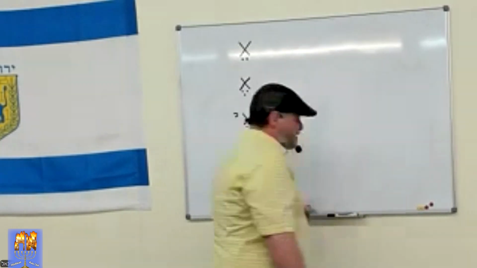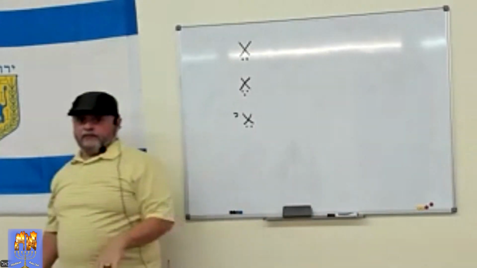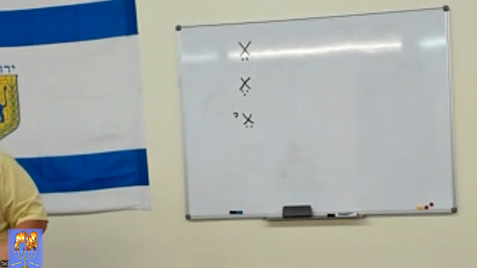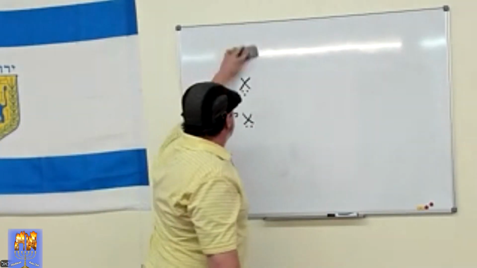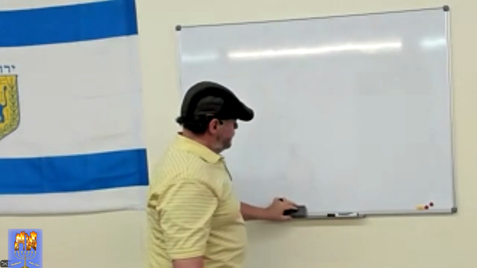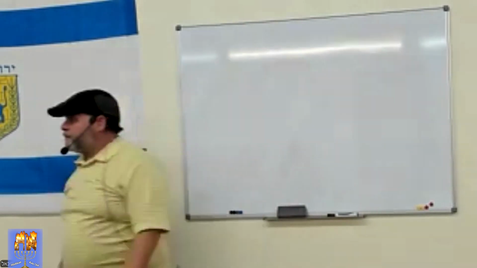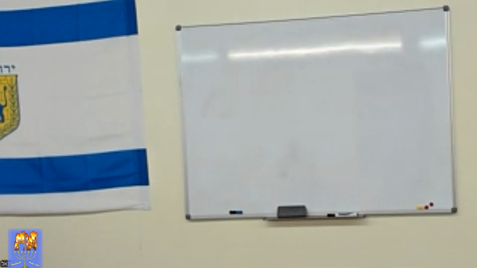Any questions about the E-type vowels? Okay. The one before, oh, that's yodea. Yodea. Mm-hmm.